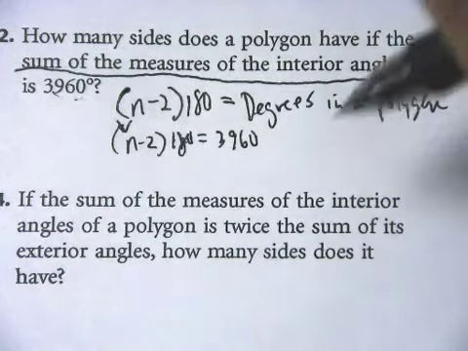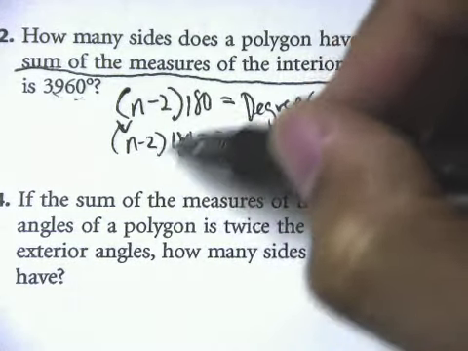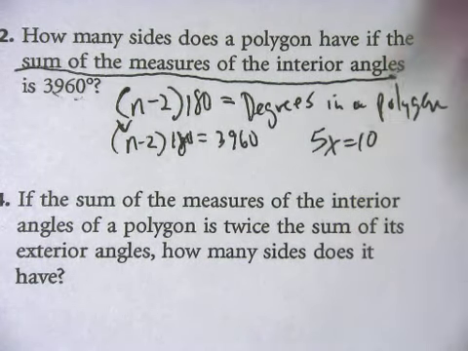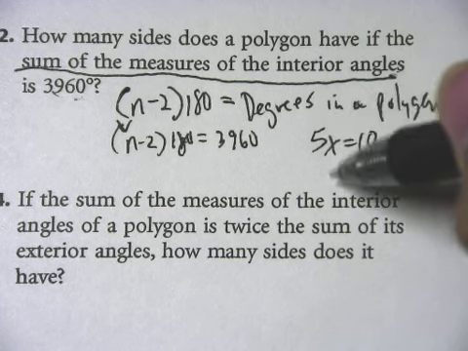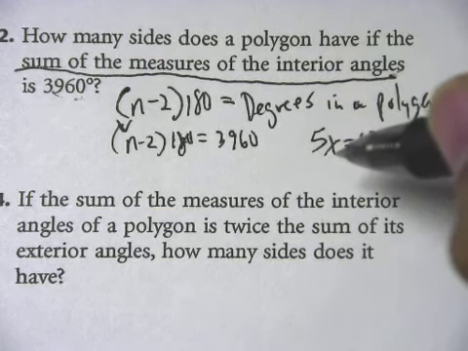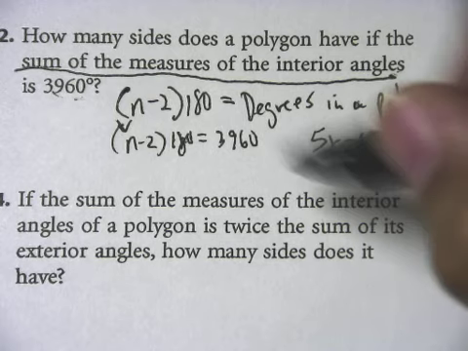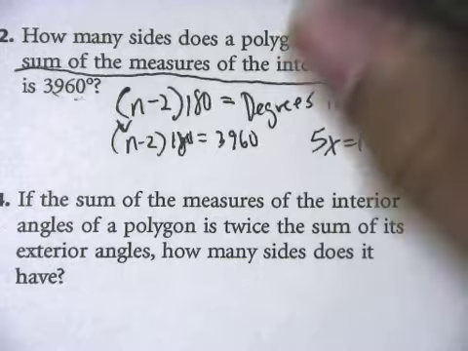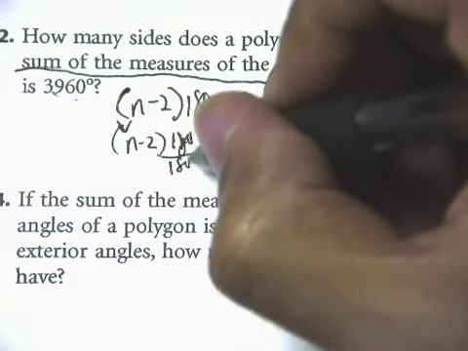And they're asking me to find n. Well, take a look here. We're multiplying two things. It's kind of like saying, what's 5x equals 10? Naturally, I would divide both sides by 5. Notice that these two things are being multiplied, so what am I going to divide by?